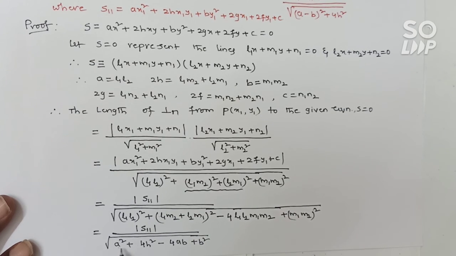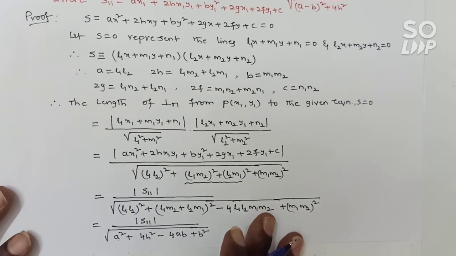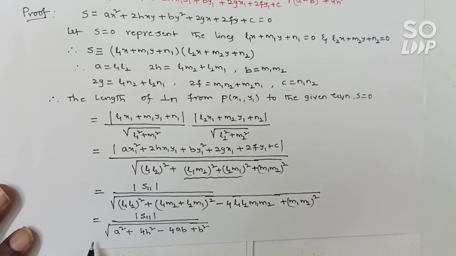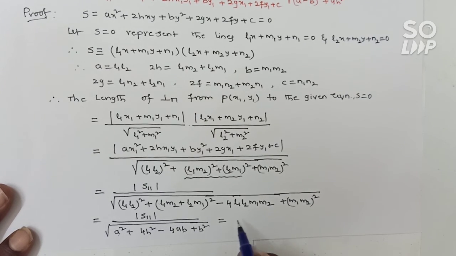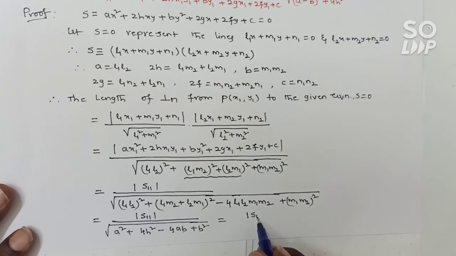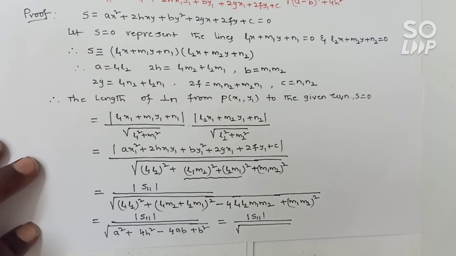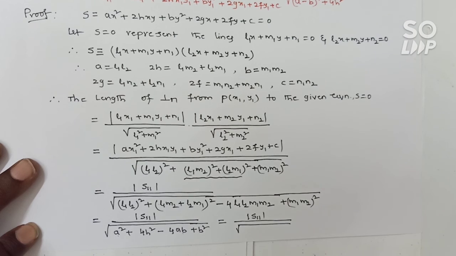You know a square + b square - 4ab... how can we write this expression?